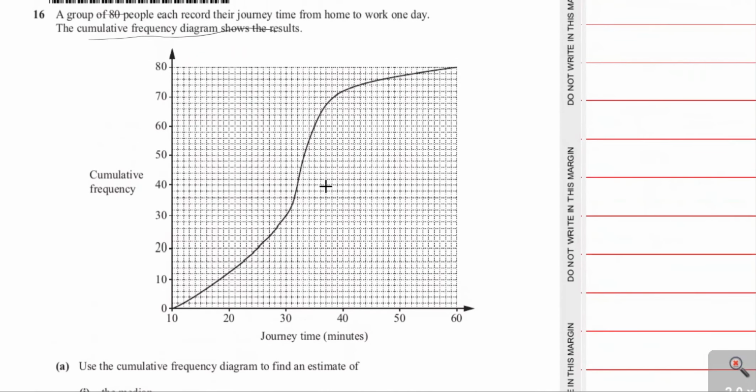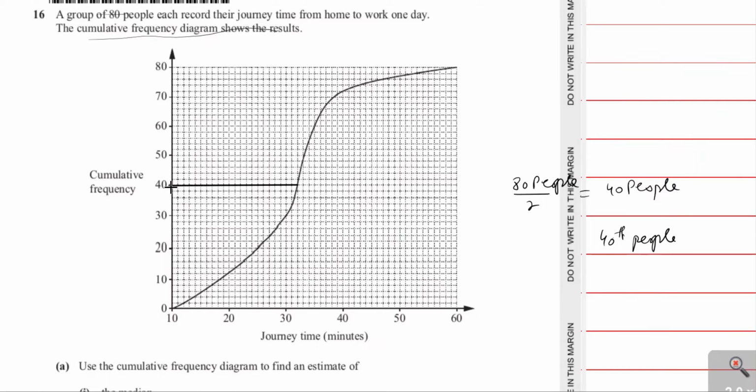Median is the middle value, and here there are 80 people, therefore 80 over 2 is 40 people, and the 40th person's value will be the median. Here is the 40th value, this is the 40th person's journey time, and this journey time will be the median.